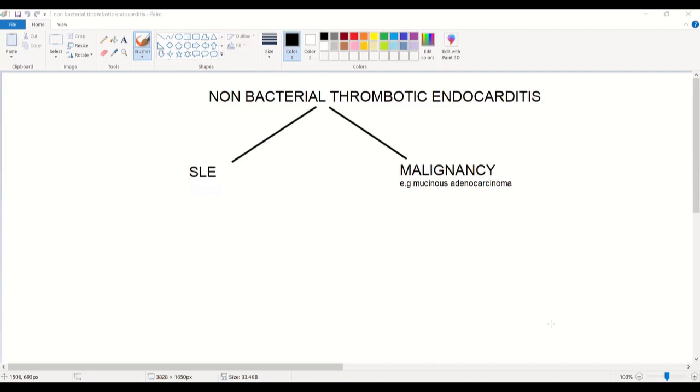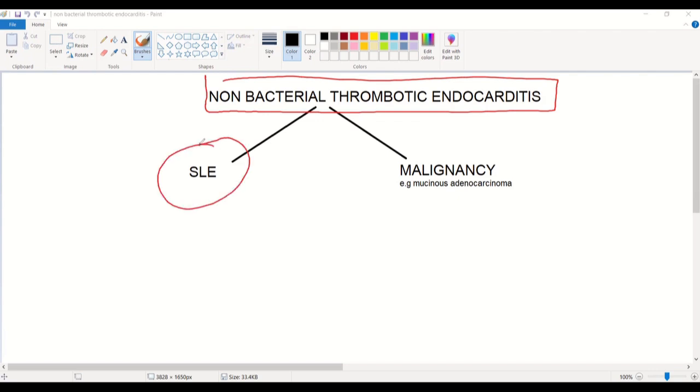So this is non-bacterial thrombotic endocarditis, the last slide of today's session. It is mainly due to SLE.